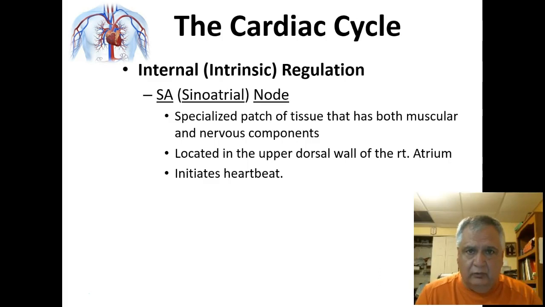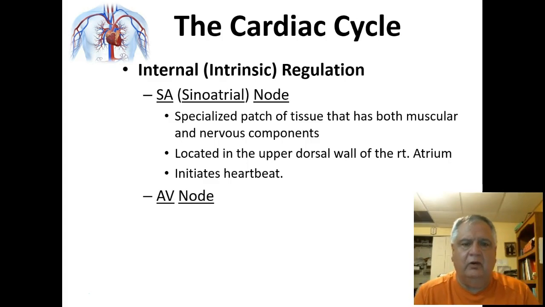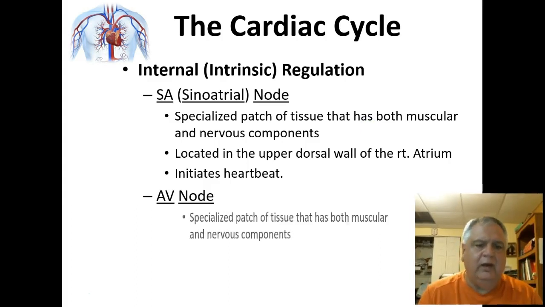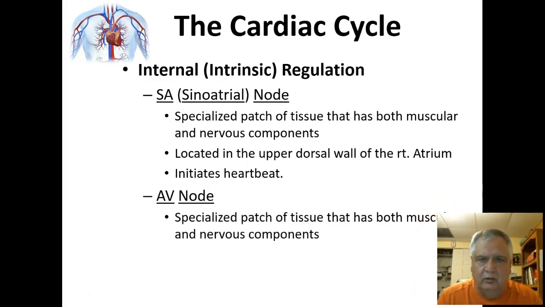The sinoatrial node is sometimes referred to as the heart's natural pacemaker because it is the sinoatrial node that is going to initiate the heartbeat or the cardiac cycle. Once the cardiac cycle is initiated, another important intrinsic regulatory structure is the AV node or atrioventricular node.